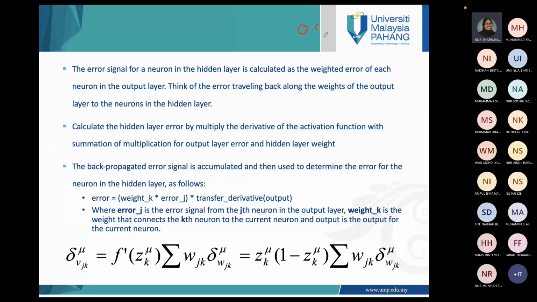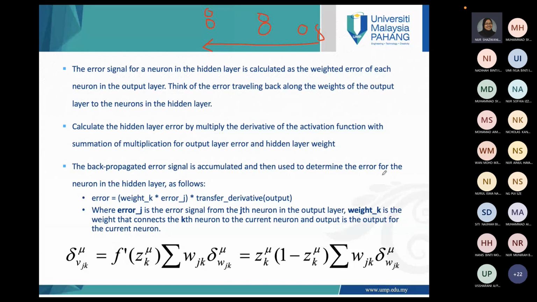This error value will travel all the way back, pass the hidden layer and update the weights for the hidden layer, and then go straight to the input layer and also update the weights for the input layer. The backpropagated error signal is accumulated and then used to determine the error of the neuron in the hidden layer.